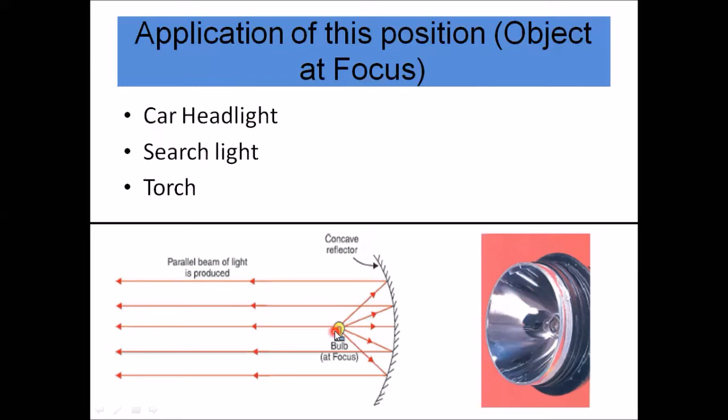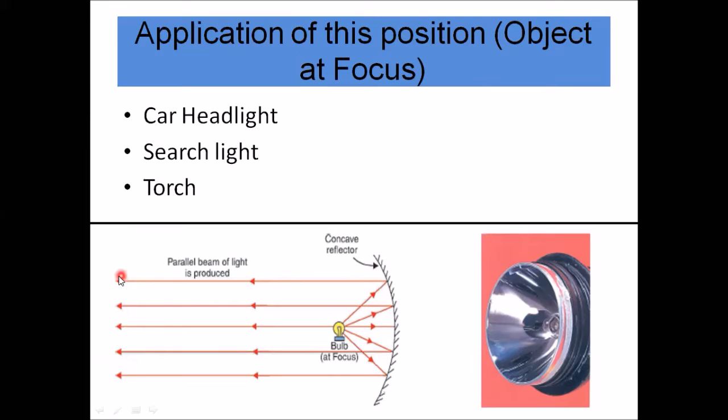What happens is, the bulb glows and spreads light in all directions, but we want to focus it in one direction, so that we can see it over there only. So the light which is going in all directions is reflected back in such a way that it becomes parallel in the direction which we want to see.